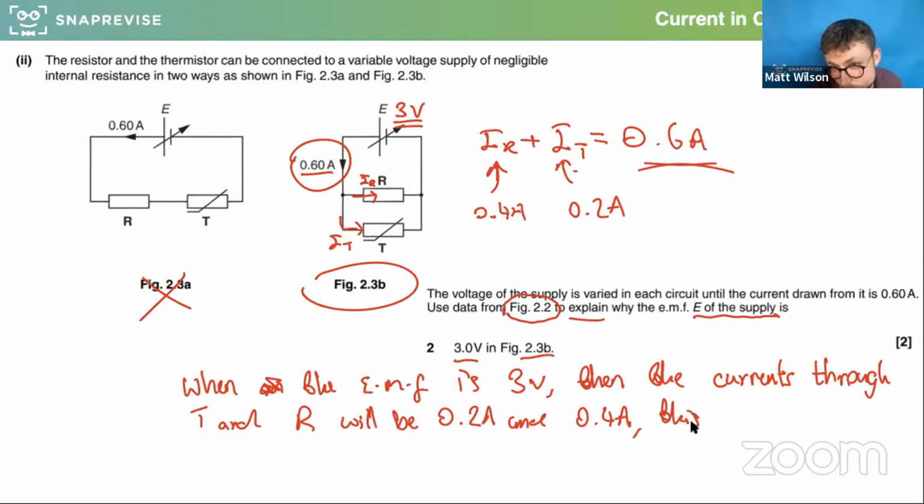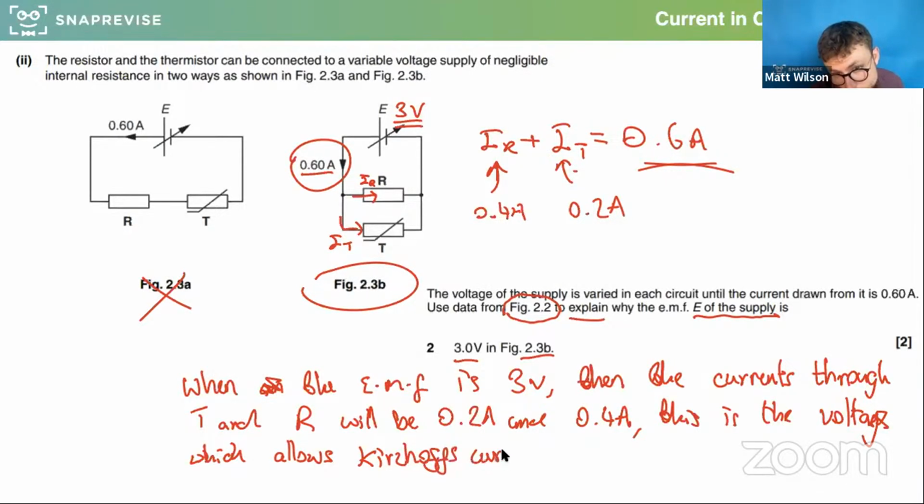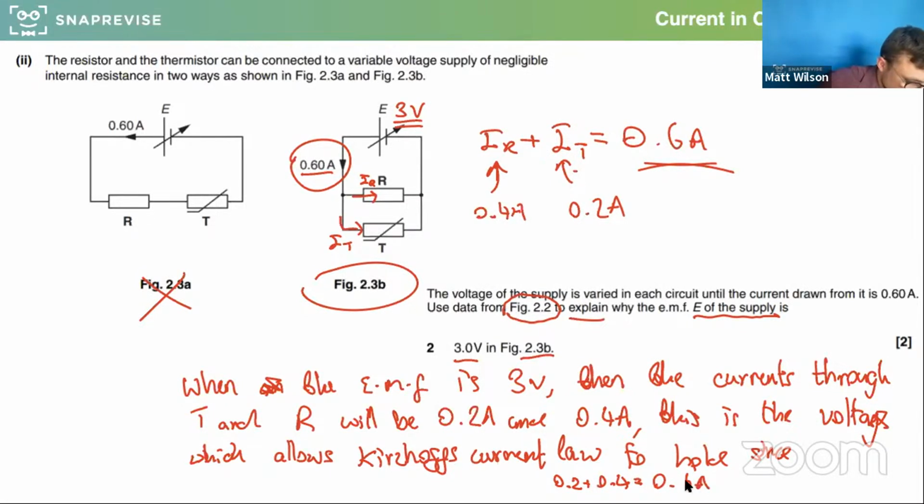This is the voltage which allows Kirchhoff's current law to hold, since 0.2 plus 0.4 equals 0.6. Okay, so that's a perfectly good explanation.